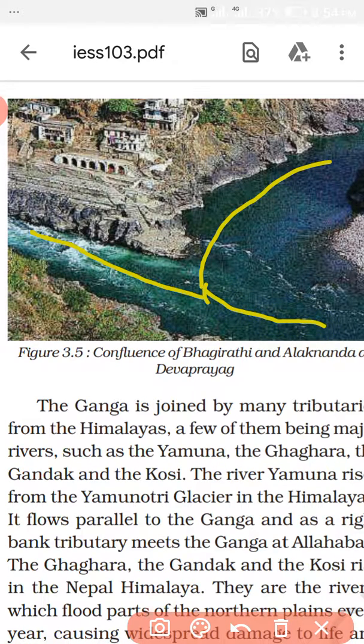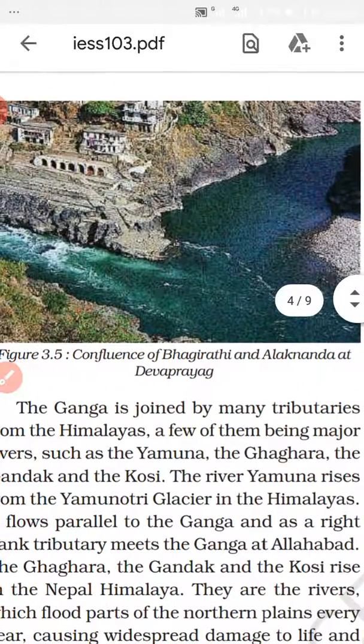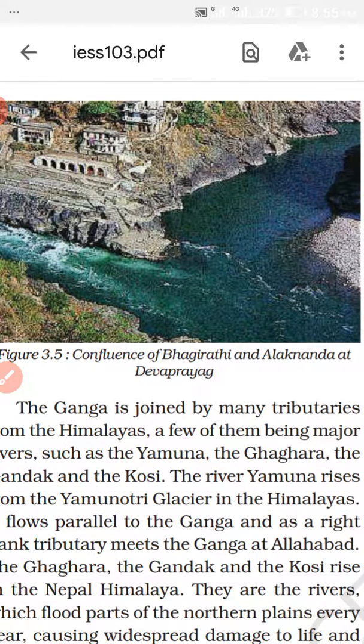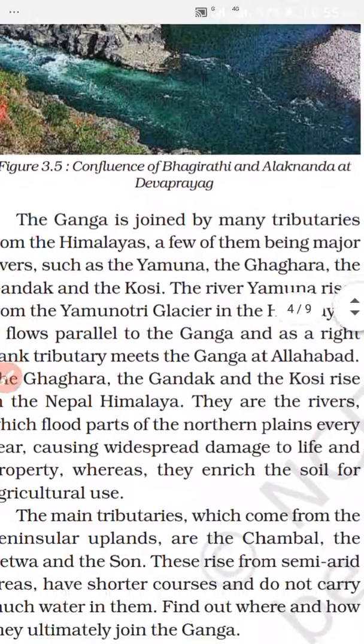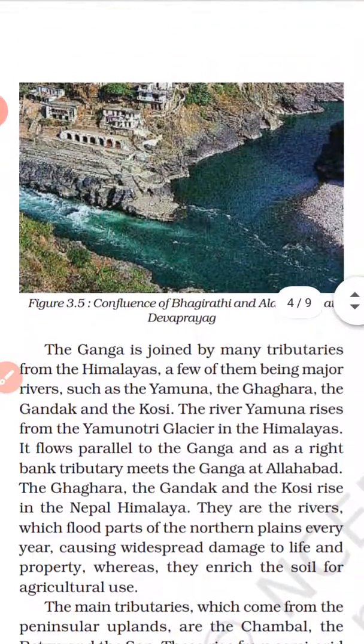This place is called Devprayag. Because of this joining place, it is famous as a pilgrimage center. People treat it as a holy river and come and take a bath, and it is named Devprayag.